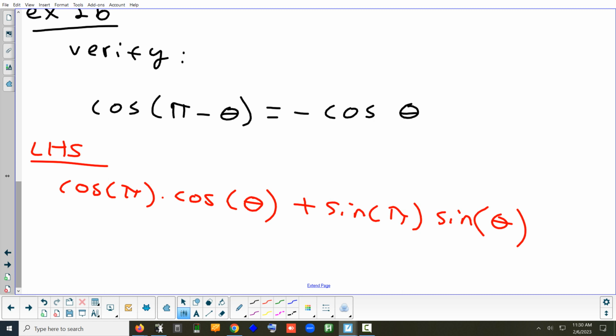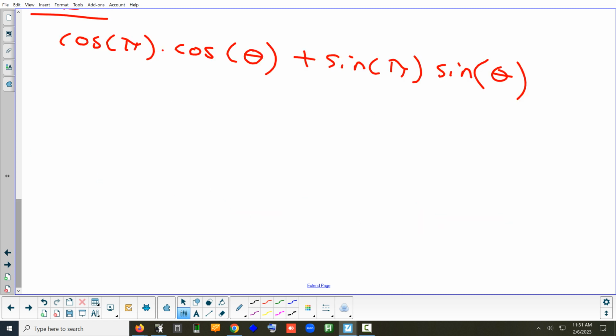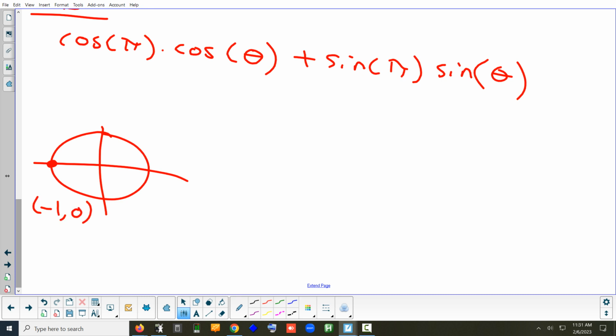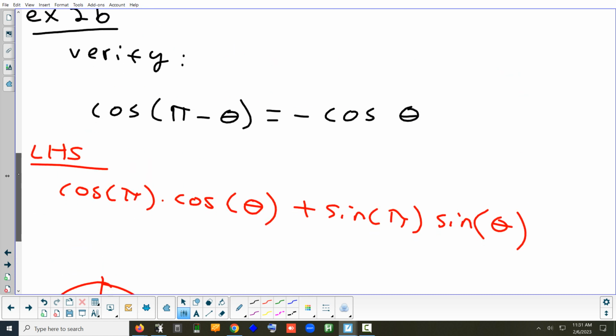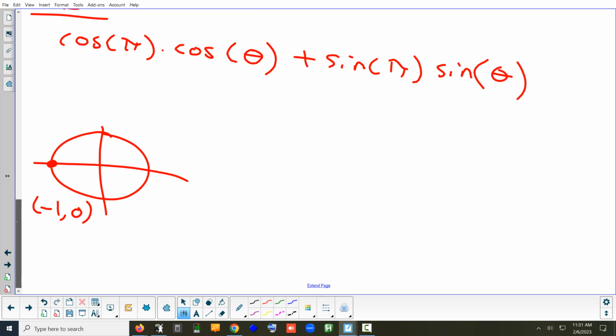Let's think about pi on the unit circle. Where's pi? To the left. What's the coordinate? 180. Negative 1, 0. Cosine is your x value. So what is your x value? Negative 1. So that turns into negative 1 times cosine.